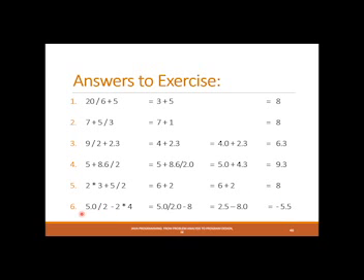Next, 5.0 divided by 2 minus 2 times 4. Unahin to, 5.0 divided by 2, convert 2 to floating point. Magiging 5.0 divided by 2.0. Minus, ito, solve mo na rin, 2 times 4.